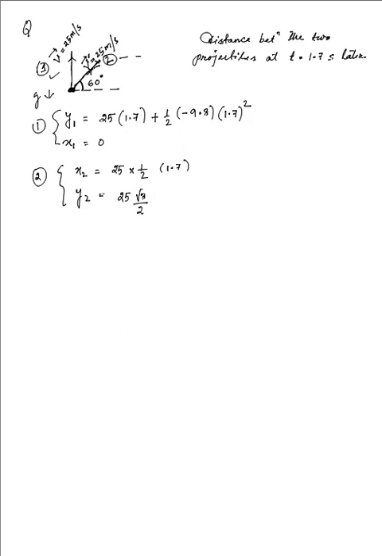Now this is the velocity along the y direction, but we are to find the displacement at time t equal to 1.7. So we proceed in the same way that we did for y1. Here only the velocity instead of 25 is a component of it. The rest of the things are obviously the same, that is plus half of minus 9.8 times 1.7 squared.